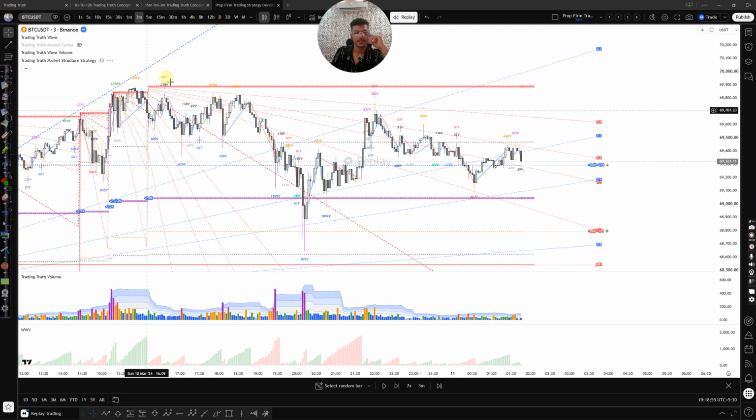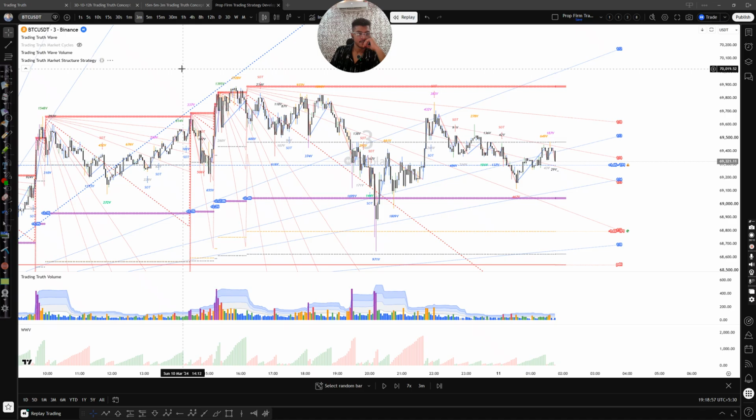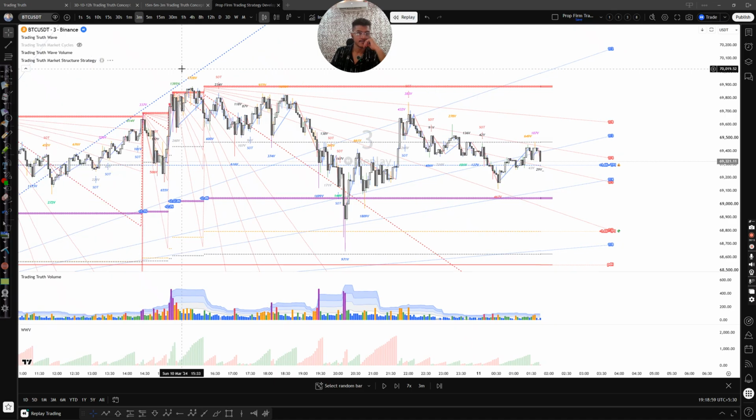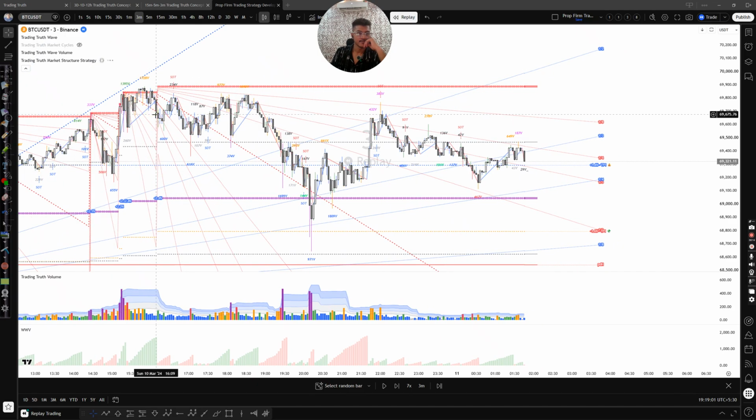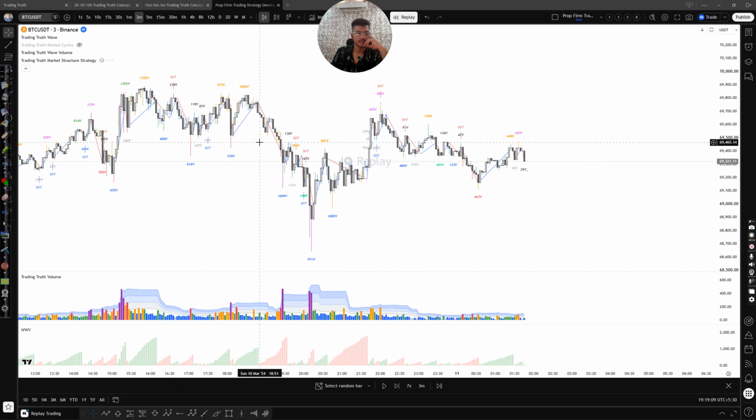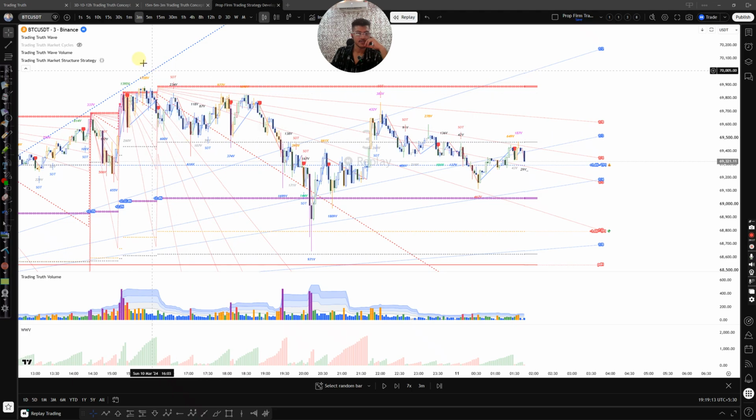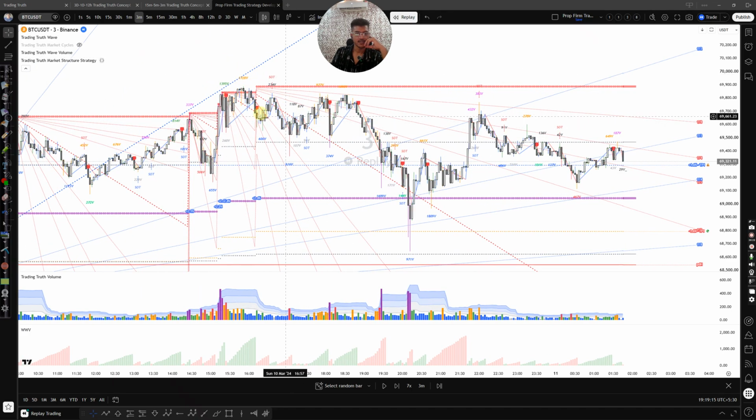Because I saw this one is holding really good. There we have it. But it's giving a lot of trade setups, which is not good. Why is that?